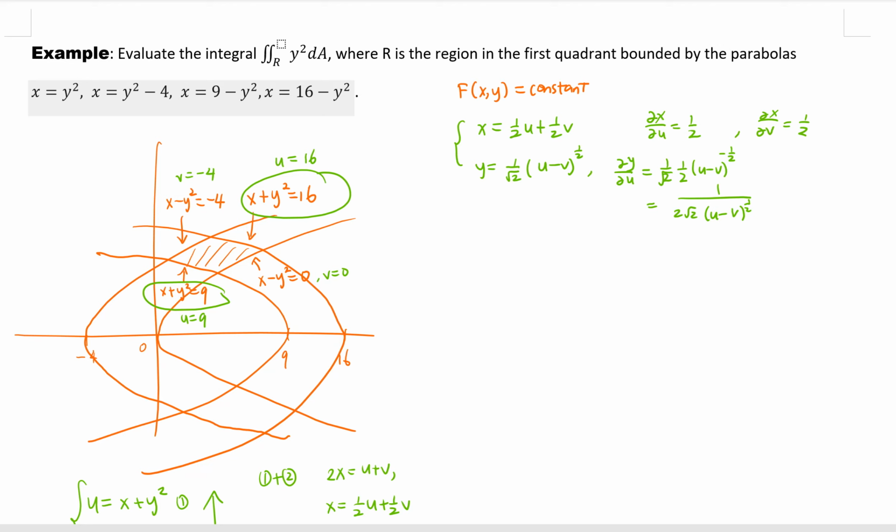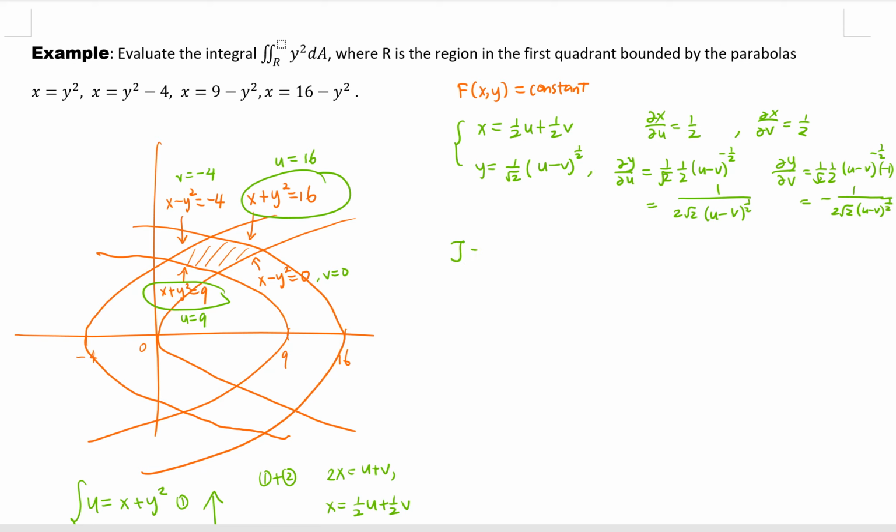So far so good, everybody? And on the other side, dy dv is 1/√2, chain rule, 1/2 u minus v to the minus 1/2. Derivative with respect to v, we get a minus 1. So this is negative 1/(2√2) u minus v to the 1/2 down there.